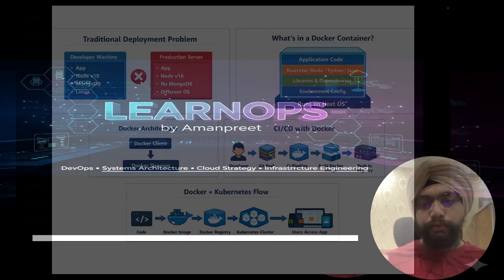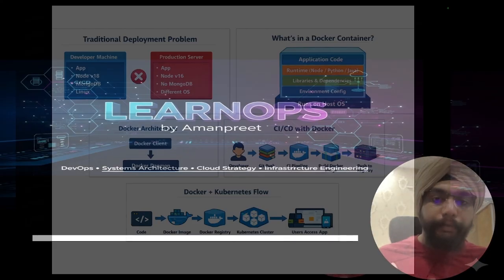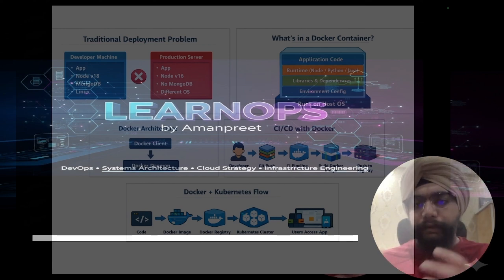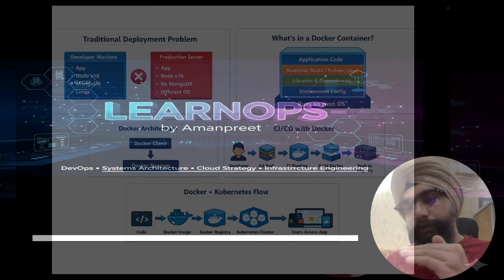On those host machines you need to install it. Then on top of that come the environment configurations, then the libraries and dependencies, then the runtime, Node, Python, Java, whatever languages you are dealing with in your project, and on top of that you are running your application code.